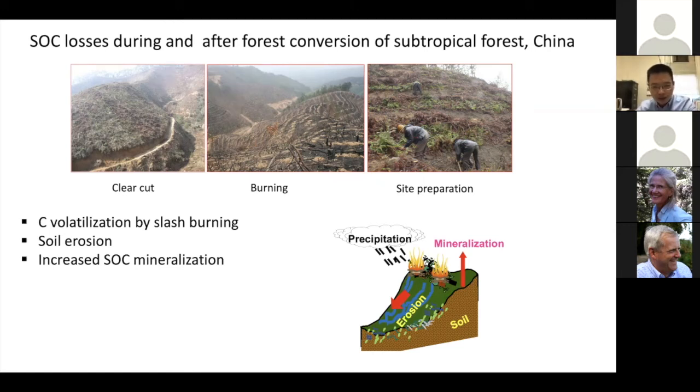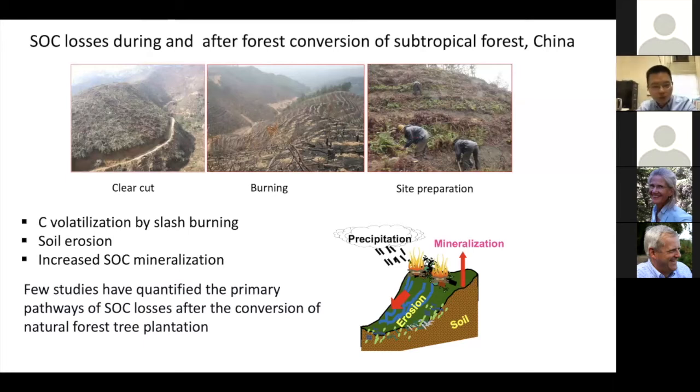And also, because here we have plenty of rainfall, and the landscape here is very steep, the average slope is 27 degrees, this high amount of rainfall and the steep slope can cause lots of SOC loss from the soil and water erosion. Finally, the intense human activity can disturb the soil structure, so this can increase the SOC decomposition.